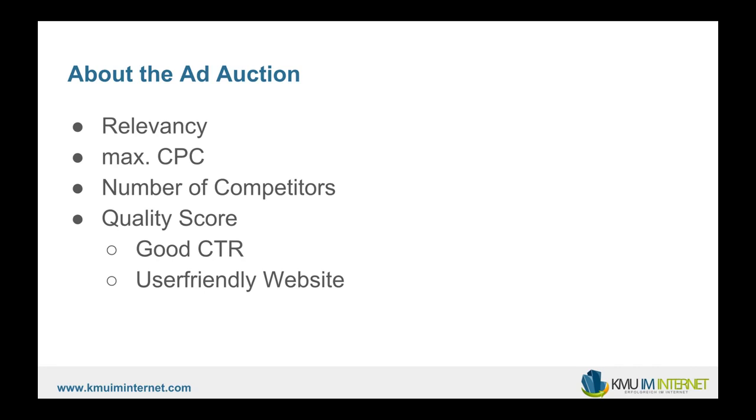That means if you have a good quality score and a good relevancy in your ad and in your landing page, then it could be that you pay the least money, although you're on top number one, for example. That's all about the ad auction and the auction-based model.